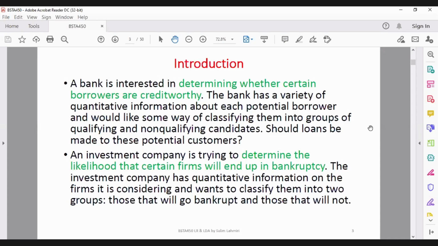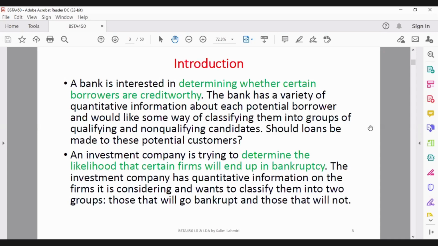So should loans be made to these potential customers? This is the question. The answer is that we need to define a regression model to be able to discriminate between qualifying and non-qualifying candidates.